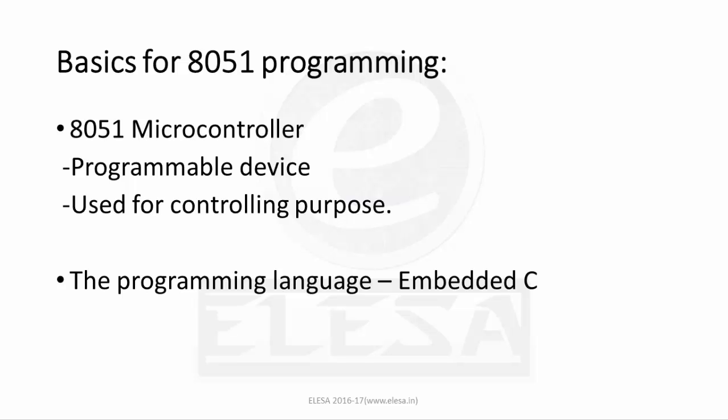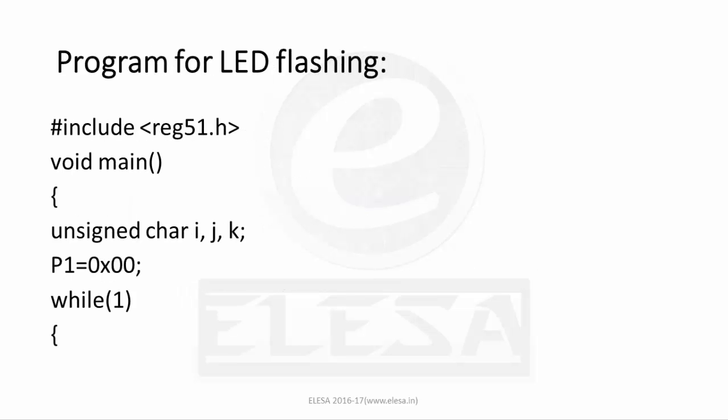Like in C language, we denote data types integer by int, character by char or unsigned char. In the same manner, we use those in embedded C. Also, conditions like if, else, while are used in exactly the same manner. So let's move on to the next topic, which is a very important one, a program for LED flashing.